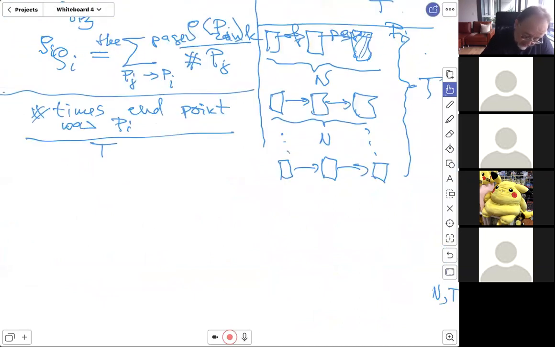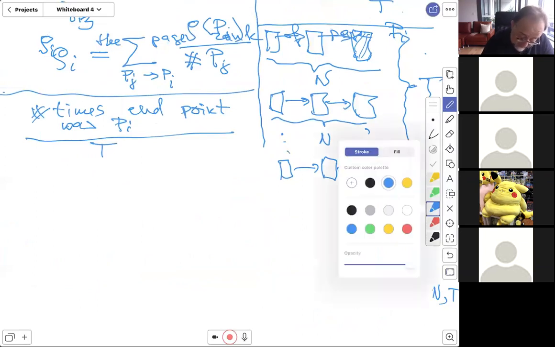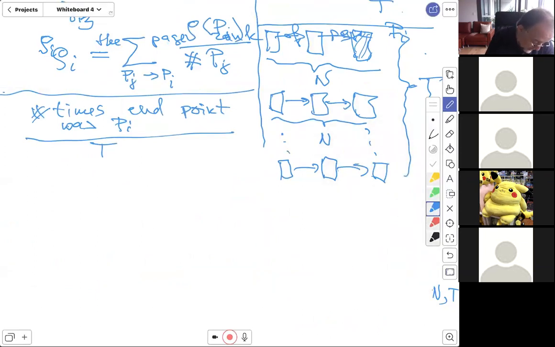Okay, what is happening here? For example, if in surfing the web you reach a PDF document, then you will be stuck there because there will be no outgoing links. So this would preclude these numbers from converging.